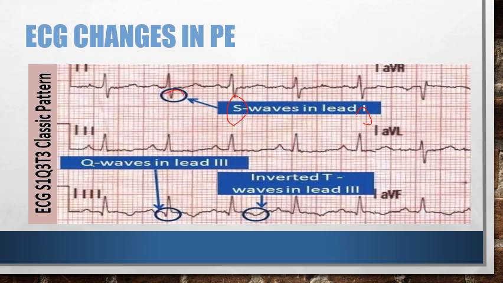The next is Q3, the presence of deep Q in lead 3. The third is inverted T in lead 3. So S1, Q3, T3 equals pulmonary embolism in ECG.